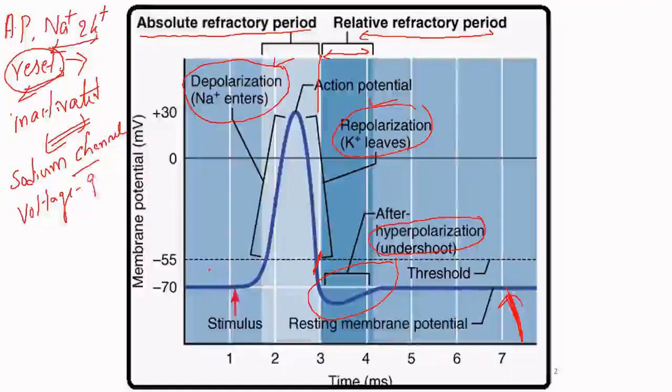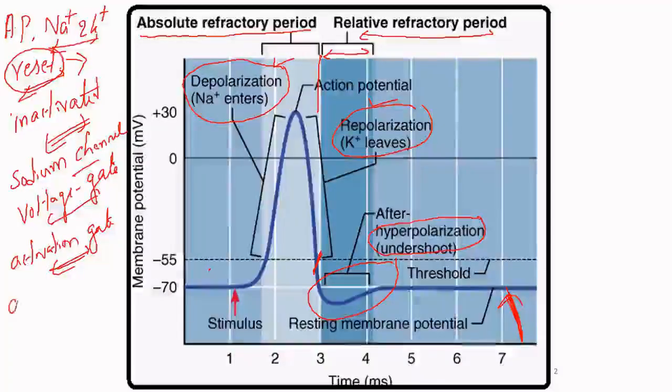Okay, voltage gated channel, or simply we can call it a sodium channel, right? It will be inside the sodium channel until it is removed and the activation gate is closed. Now the cell is in absolute refractory period.